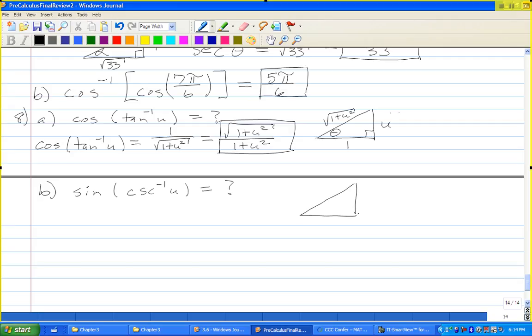So I have cosecant of theta is u. So this is rad u squared minus 1. And so sine of cosecant inverse of u is just 1 over u.